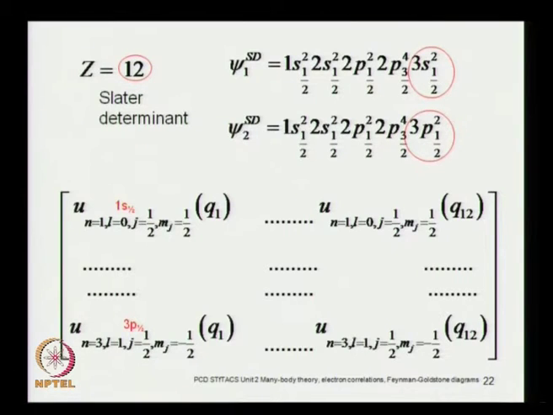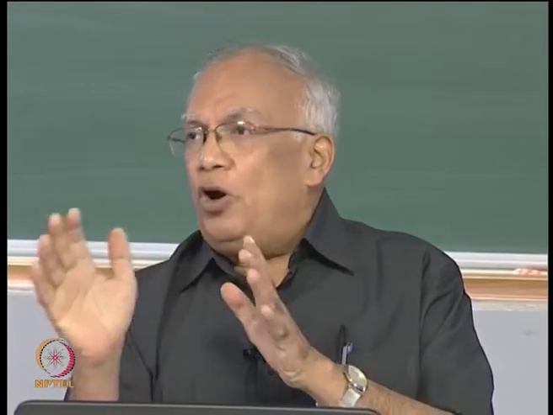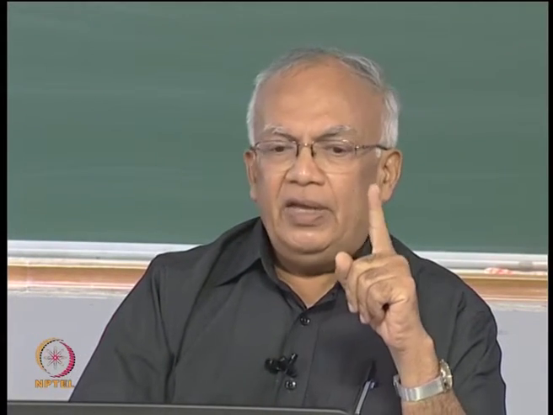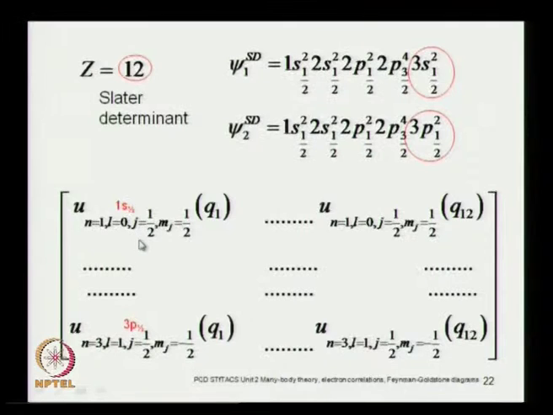So, what you are going to do is you have these different single particle states and you can arrange them in some order. You can say that okay, n equal to 1, L equal to 0, J equal to half, Mj equal to half is my state number 1, n equal to 1, L equal to 0, J equal to half, Mj equal to -half is my state number 2, and you start giving numbers to each row.